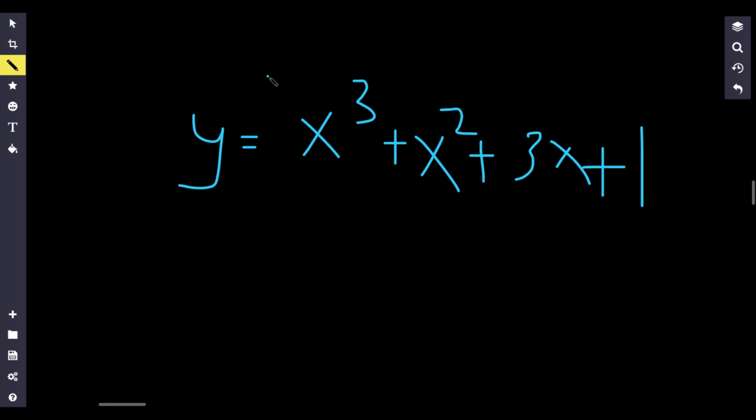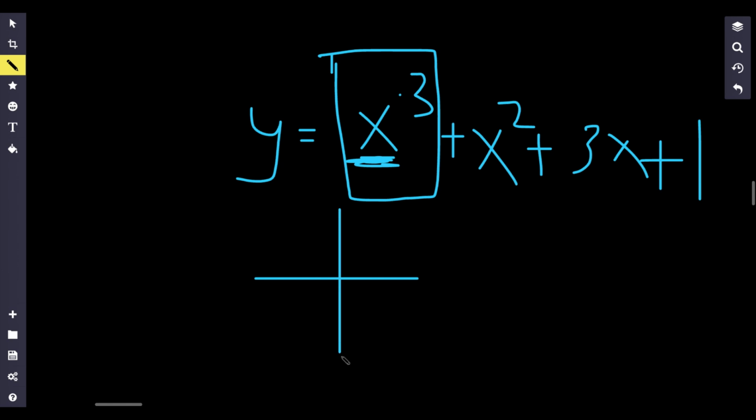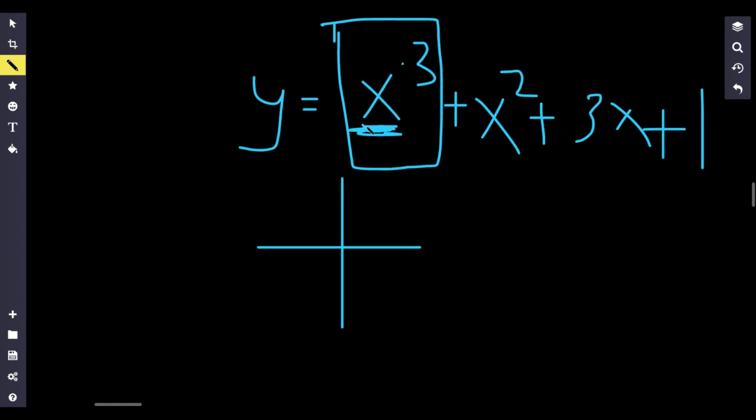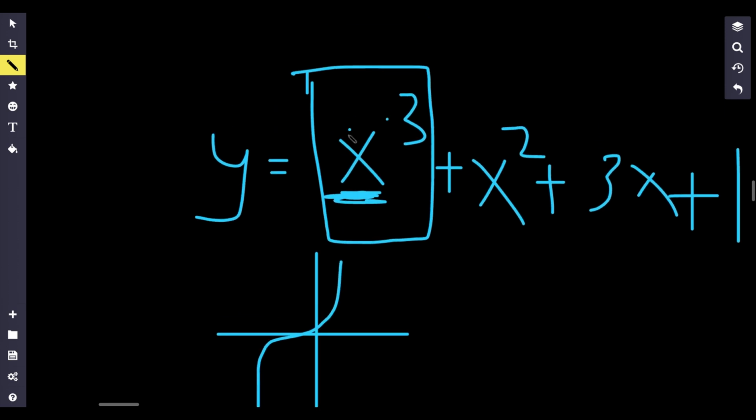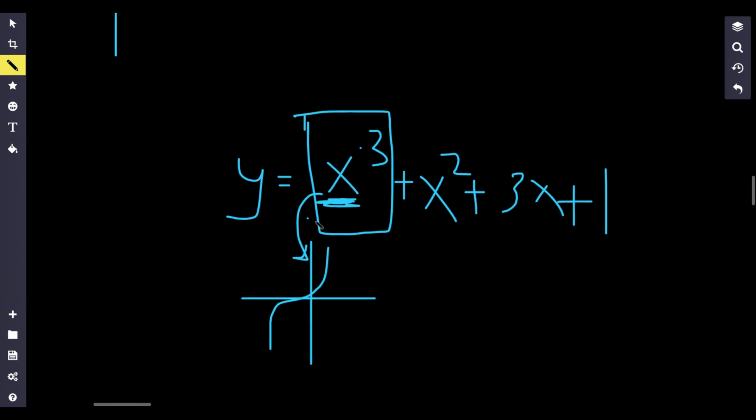All you have to do is look at the biggest term. In this case, the biggest term is x to the third power, the term with the highest exponent. So you look at the term with the highest exponent, and that's how it's going to look. So y is equal to x to the third power plus x to the second power plus 3x plus 1 is going to look something like x to the third power.